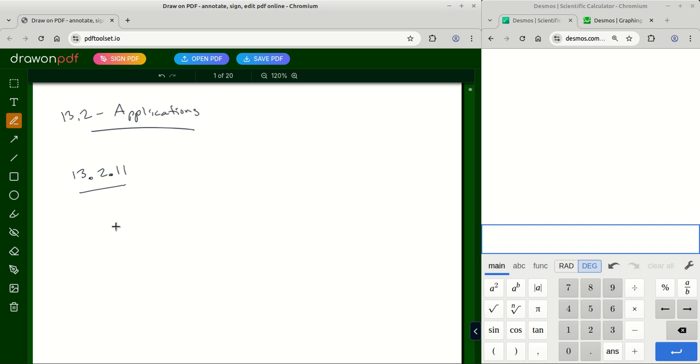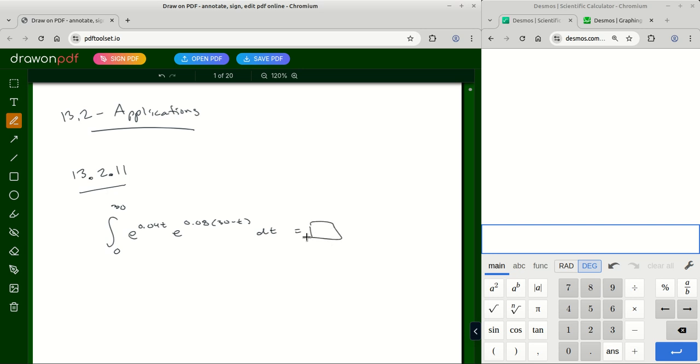So 13.2.11, we're just going to do some of these problems together and I'll point out certain things. I believe that this one just has this integral and it says do it, which is very nice because there's nothing to be done. We can just do this all in Desmos.